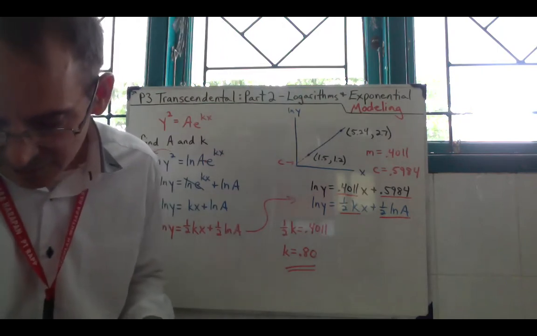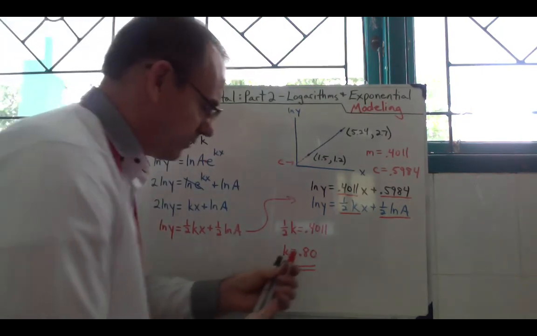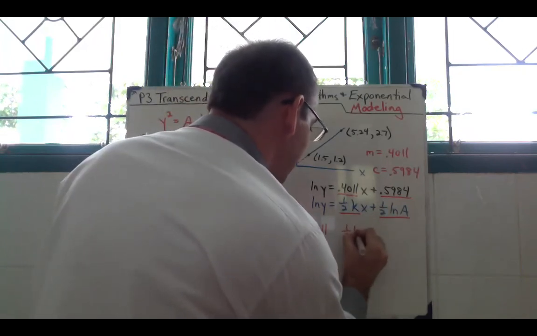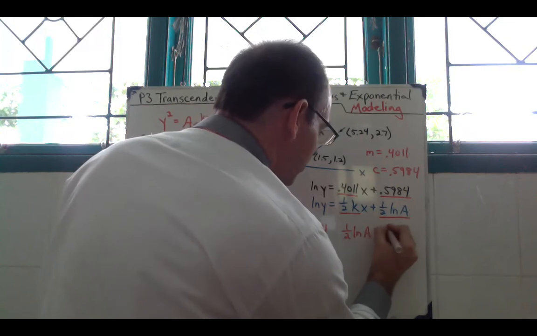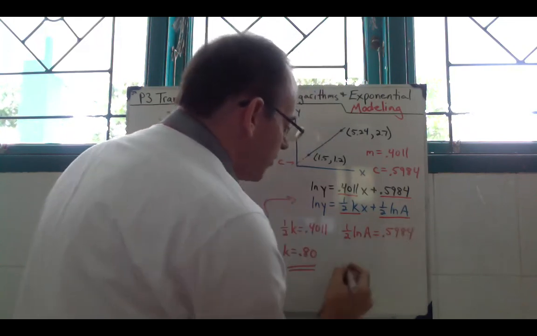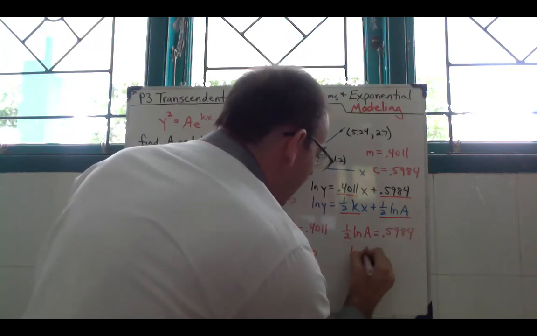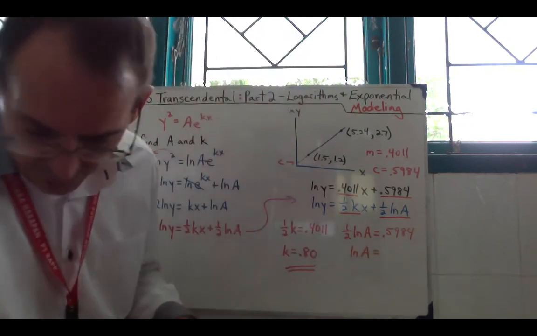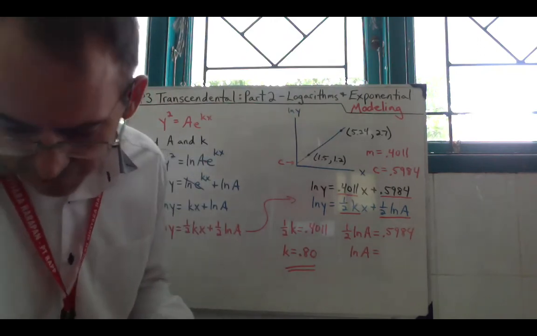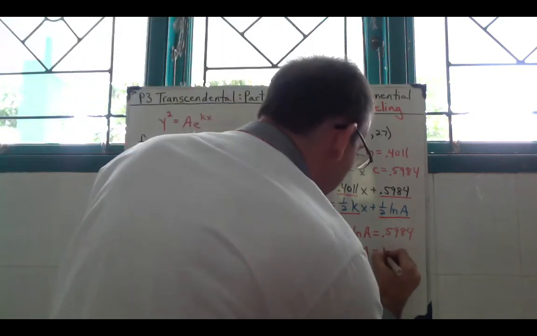And then we want to take this part over here, 1/2 ln a is equal to 0.5984. So we get ln a equals, and when we multiply by 2, we get 1.1968.